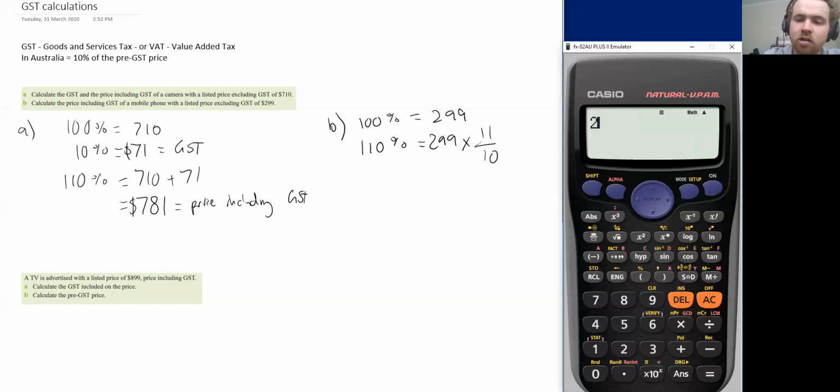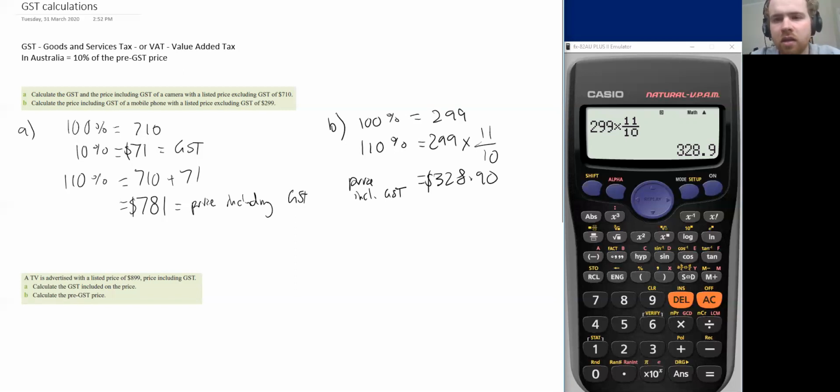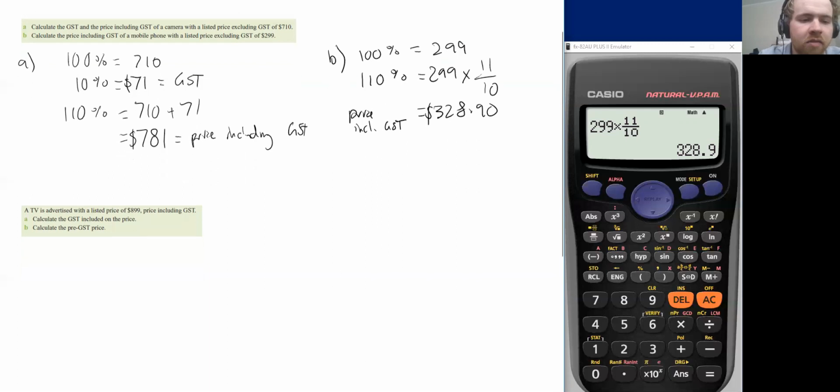So if I go 299 times 11 over 10, I get my new value of the price including GST, which is $328.90. So this is the price including GST here.